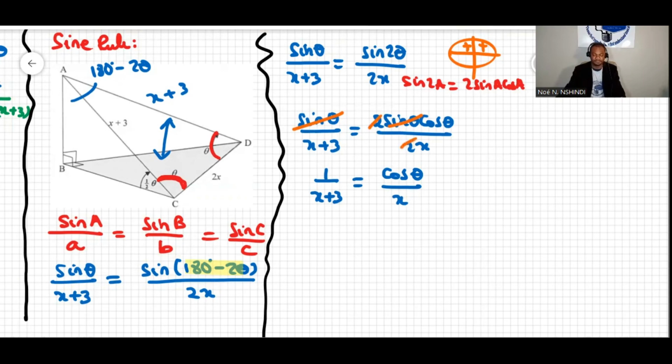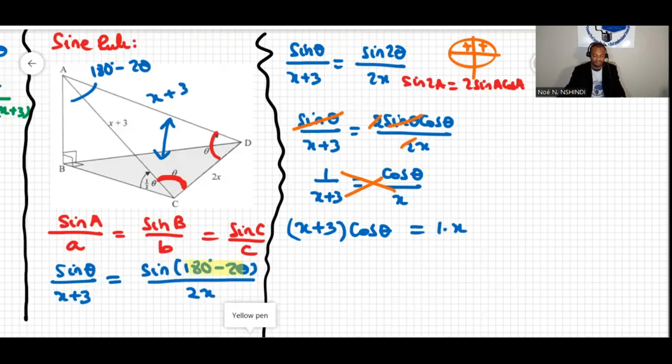Now we can cross multiply. We can do this times that, times that. So we have x plus 3 times cos theta equal to 1 times x.